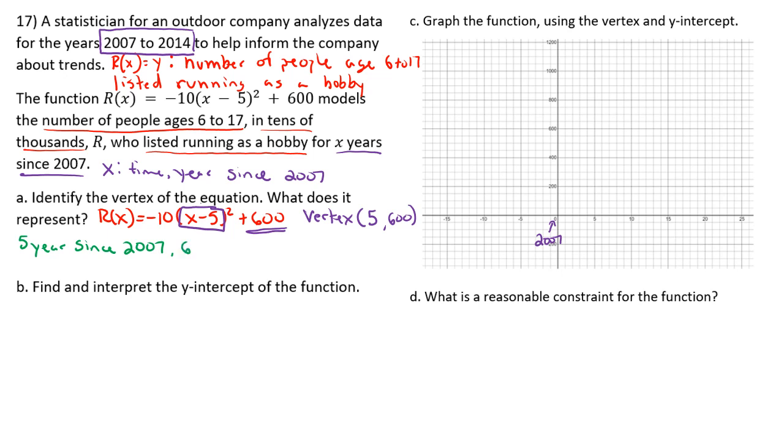So we can say 600 people in tens of thousands from ages 6 to 17 that listed running as a hobby.